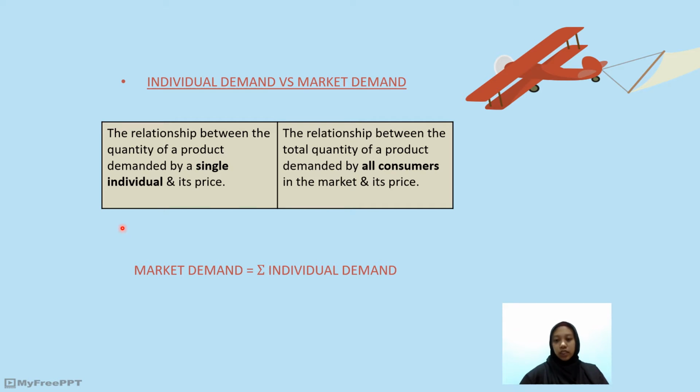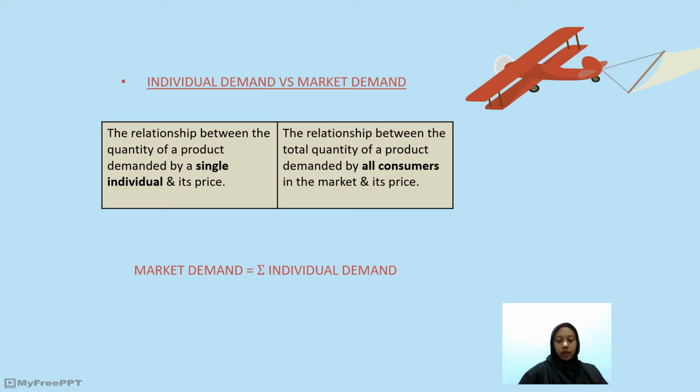Single individual is the same as single buyer. While market demand is the relationship between the total quantity of a product demanded by all consumers in the market and its price. All consumers means all buyers.